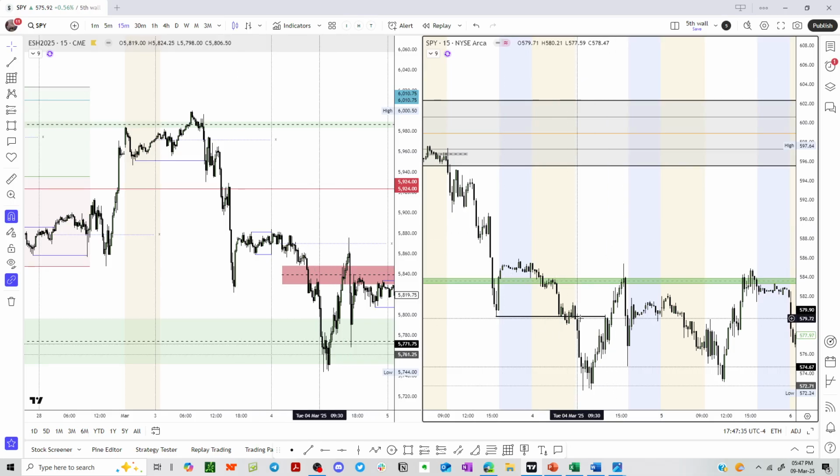You can see previous day's low, retest here, short. And you have this. That's your short.